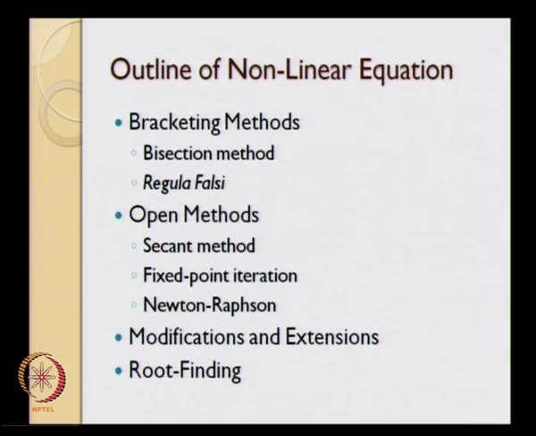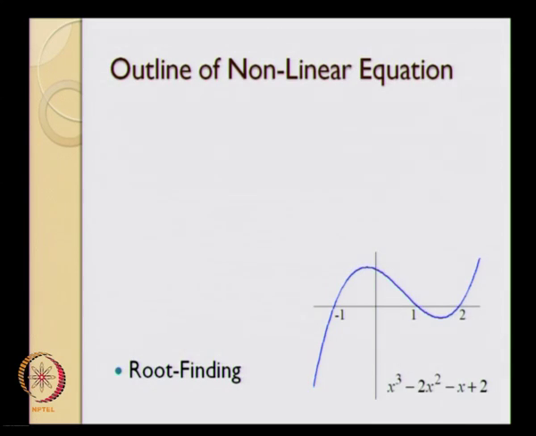And what we mean by root finding is, given a polynomial expression of this form, for example x cube minus 2x square minus x plus 2, we want to find all the places where this particular curve is going to intersect the x axis.